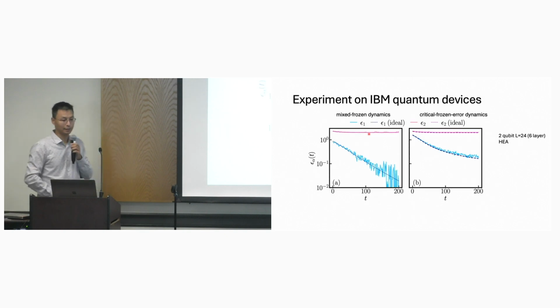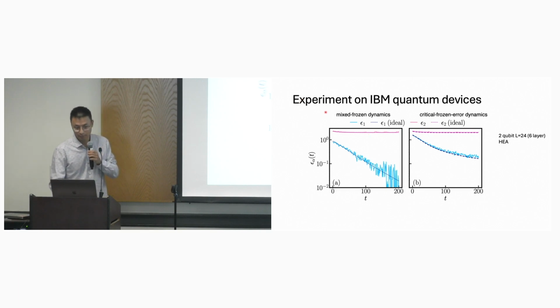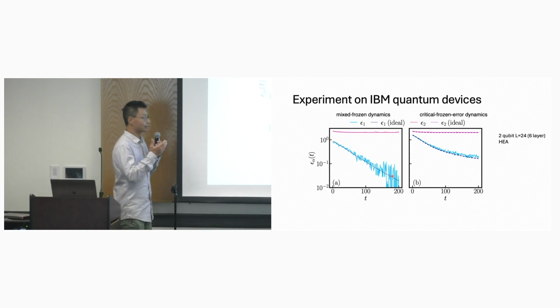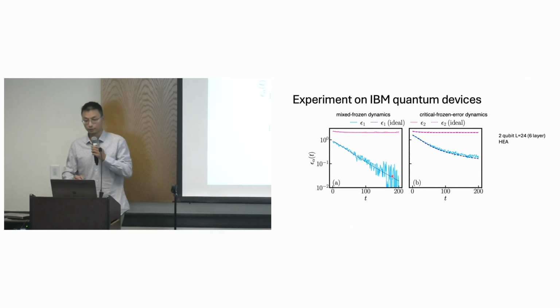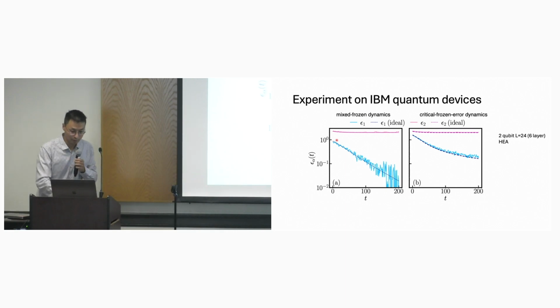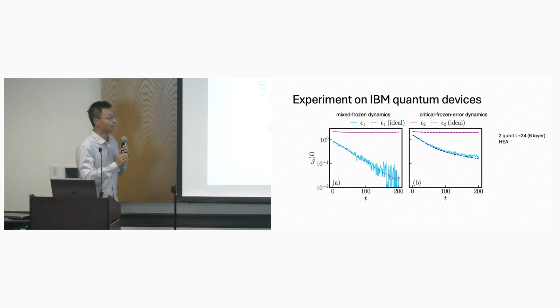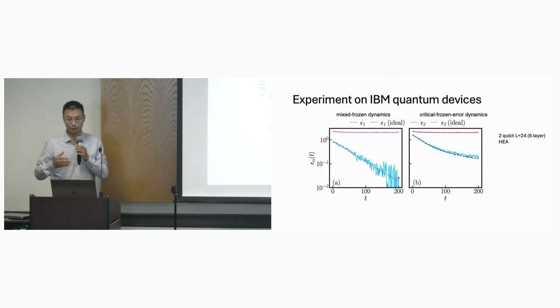And this is another experiment on an IBM quantum device with two data classification. The mixed frozen dynamics is confirmed here with much higher precision. There is very little depolarizing noise found. Let's say these dashed curves are just exact theoretical results without any error needing to be modeled.